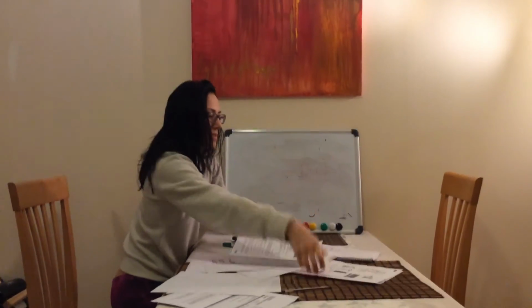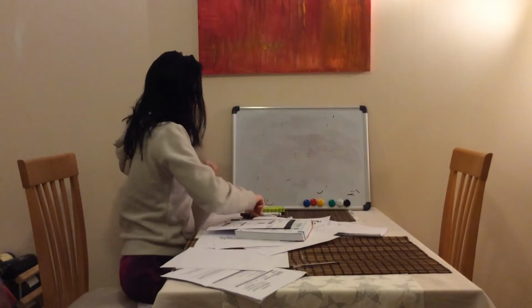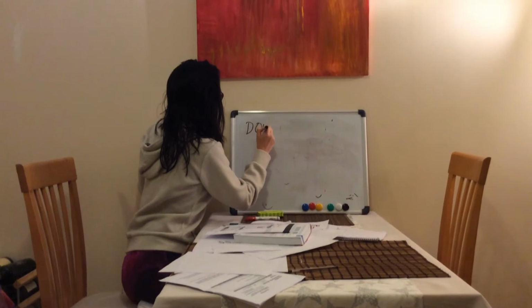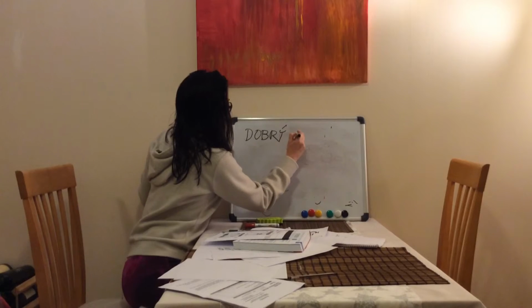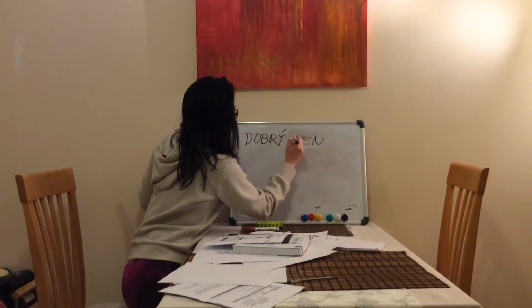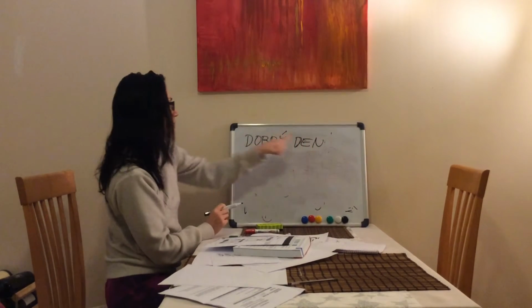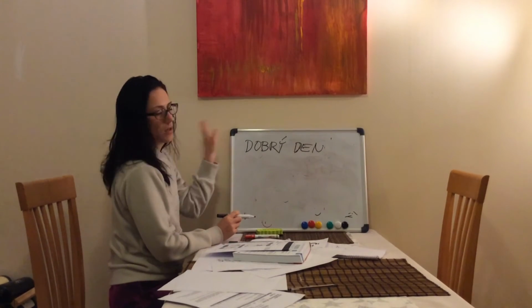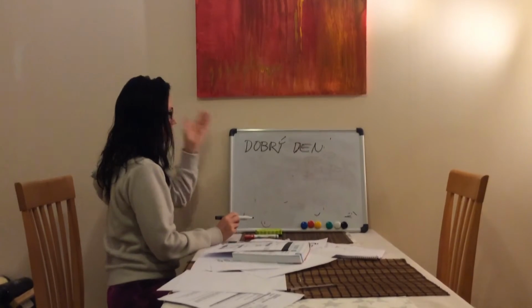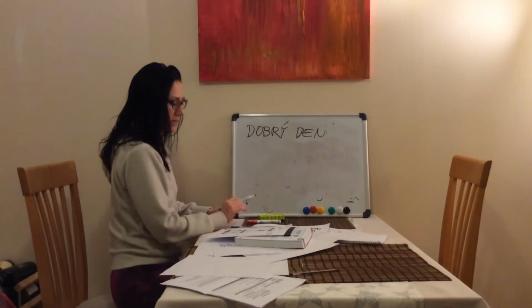Few sentences here. So when we meet, we can say dobrý den, dobrý den. That means good day. You can say it any time of the day. So you say dobrý den, and someone can reply dobrý den.